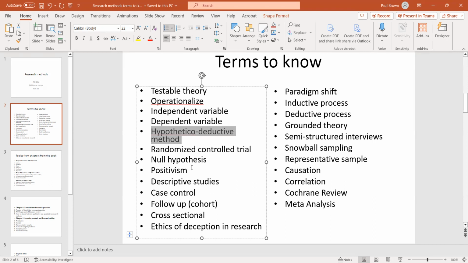That the group with more sleep does not have a higher GPA than the group with low sleep, right? That's my null hypothesis.